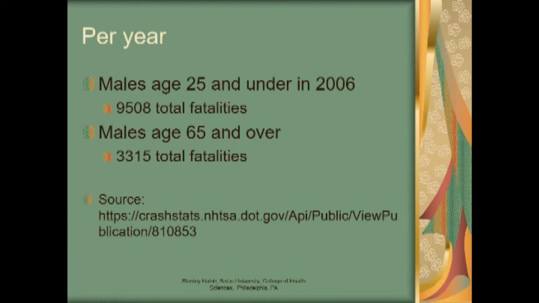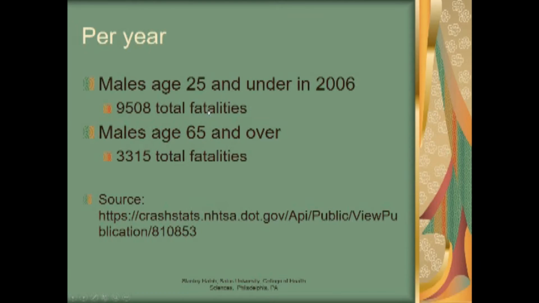And here are some numbers, because we're in epidemiology, we like to use numbers. So males age 25 and under in 2006, and this is United States data, I believe, 9,508 total fatalities, and that could be themselves the driver, it could be them hitting a pedestrian, it could be them hitting another vehicle and causing a fatality, whereas they live, or it could be a passenger in their car.